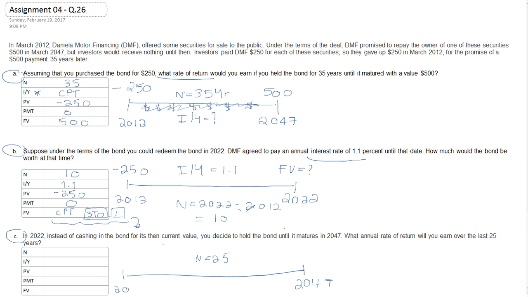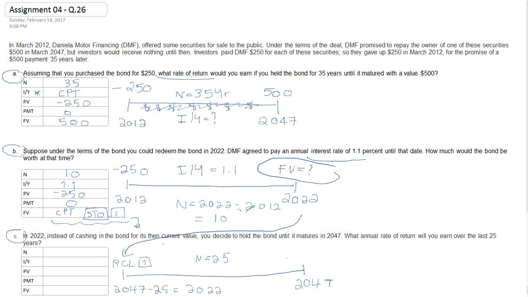That will be year 2047 minus 25, which is year 2022. That's why I told you to keep the information from this year. You have to recall the future value that you got from this calculation and put it as the present value in part C.